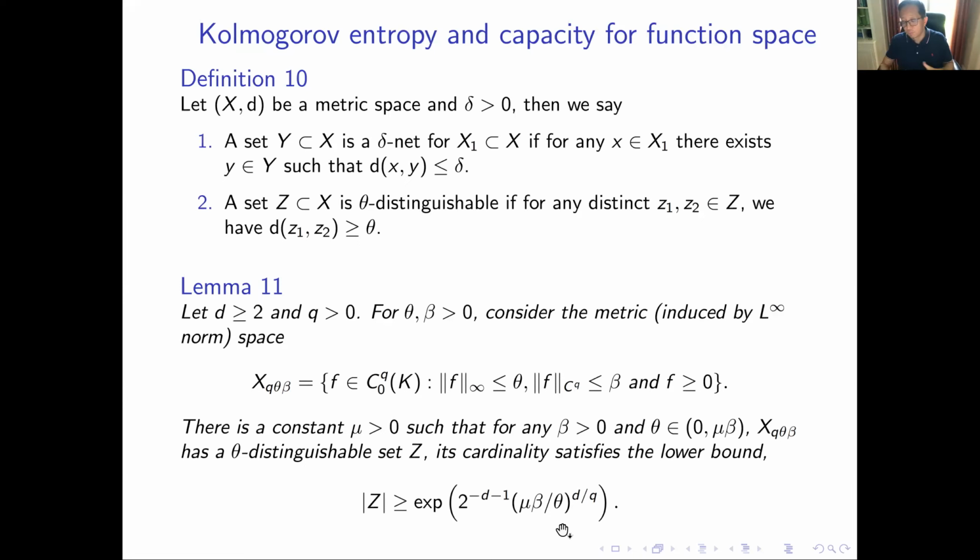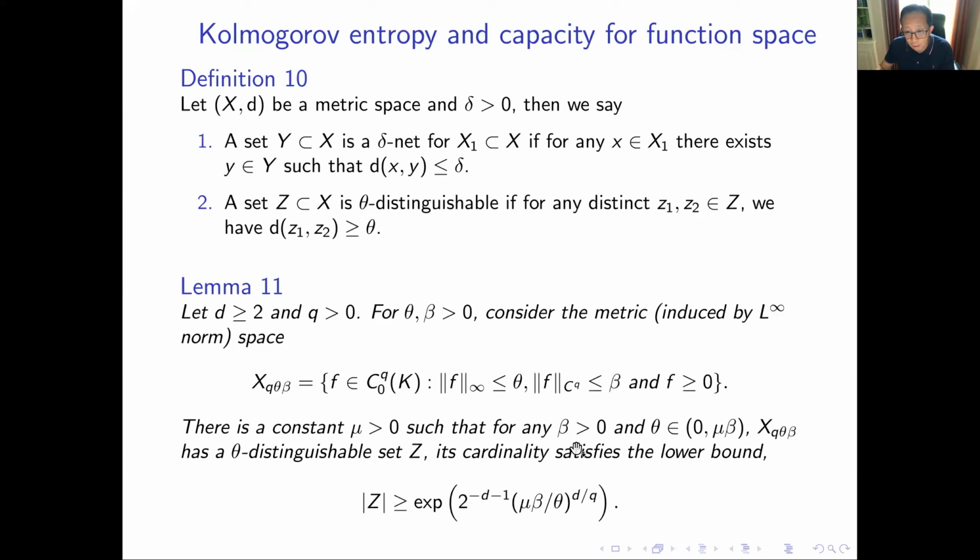Again, it's constructive by using small support things, doing scaling. You can find this many elements in this set, such that they're theta away from each other, and the number has to be bigger than this. Okay, depending on the dimension. This is a constant.